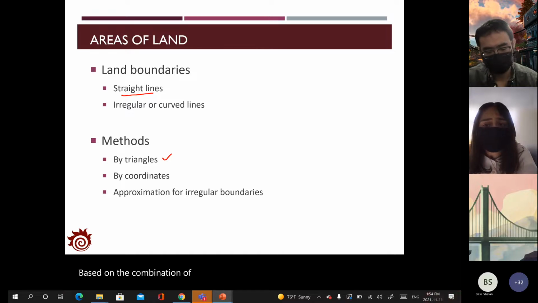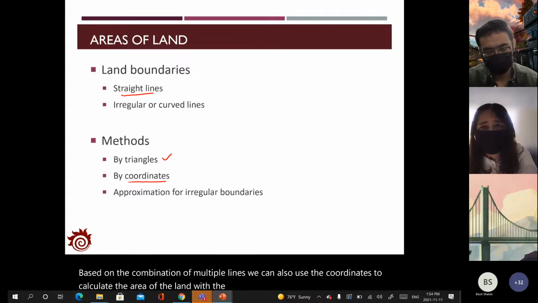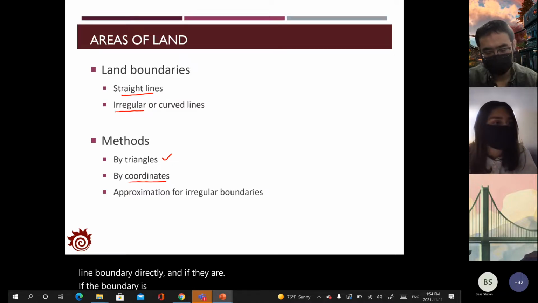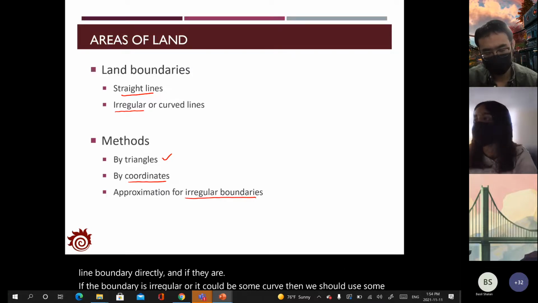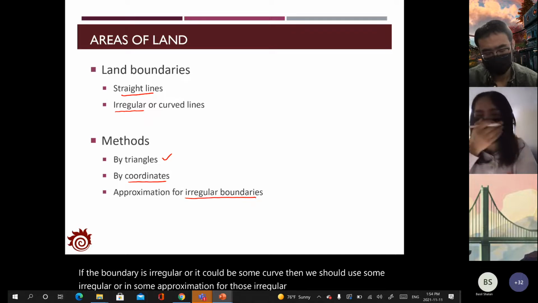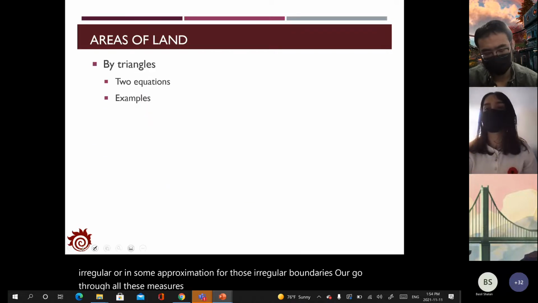We can also use the coordinates to calculate the area of the land with straight line boundaries directly. And if the boundary is irregular or could be some curve, then we should use some approximation for those irregular boundaries. I will go through all these measures one by one in this lecture.